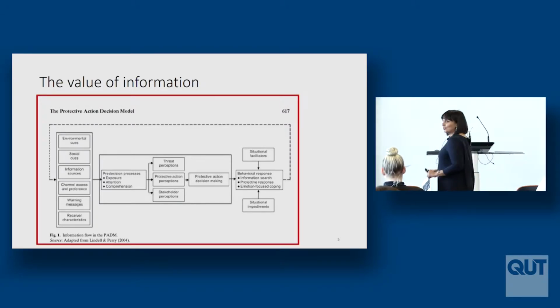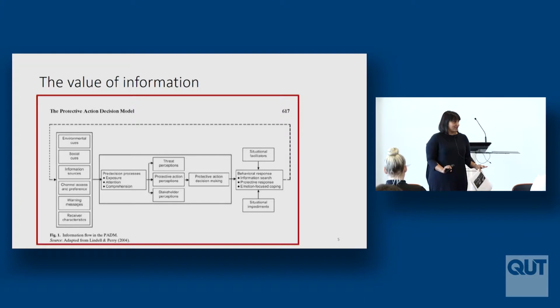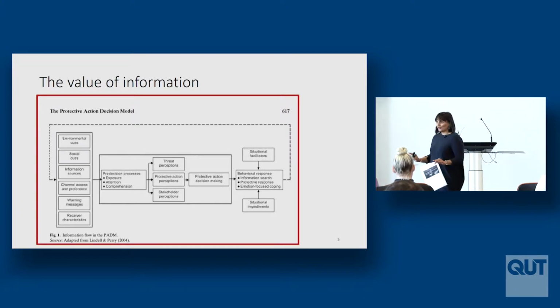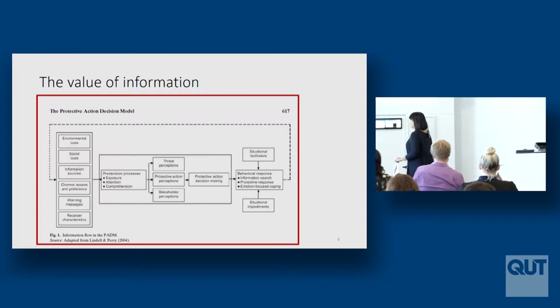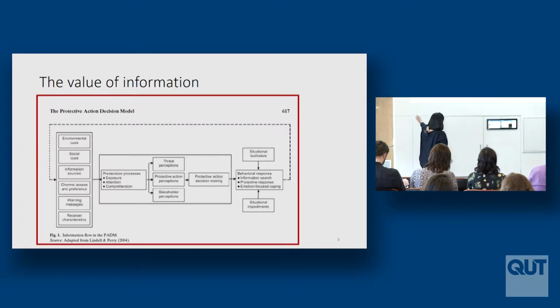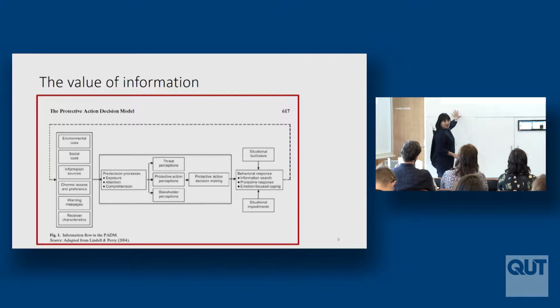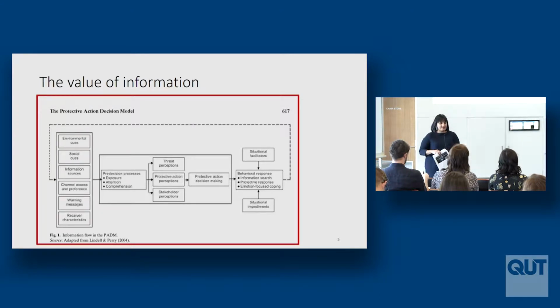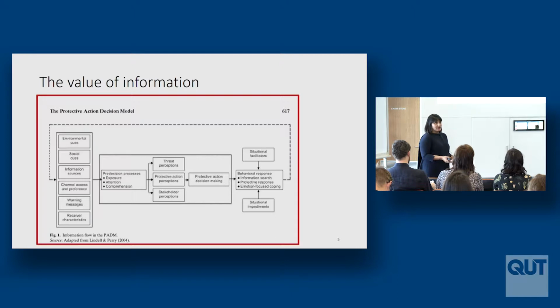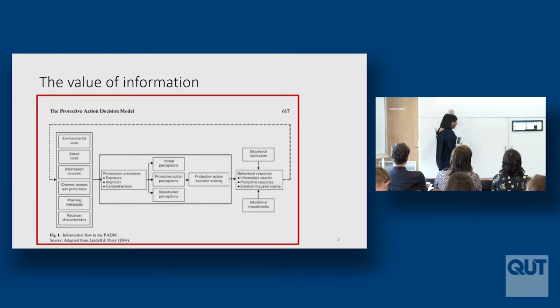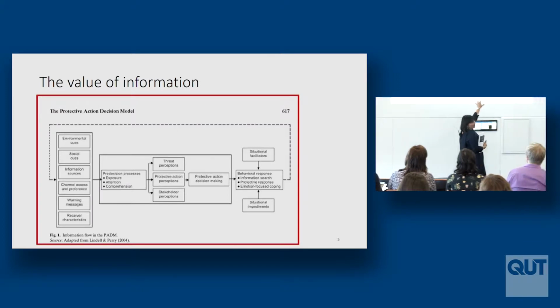You can't come to QUT or to researchers and not expect to see theory, though it is not going to be too deep. A lot of our work draws on the protective action decision-making model, which has been adapted by Lindell and Perry, researchers who are quite well published in this field. And it's a multi-stage model, and what I just wanted to share with you here is sometimes we have the assumption that a warning is issued and people will immediately act on that warning.